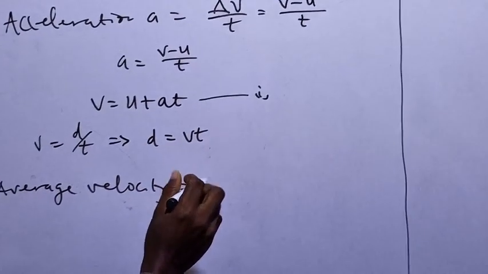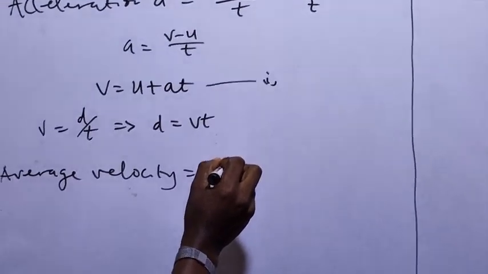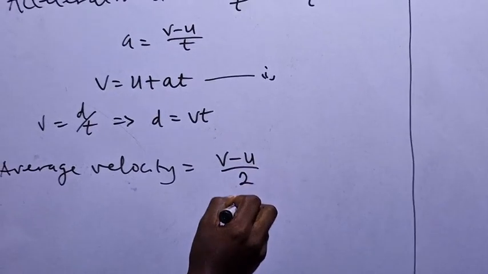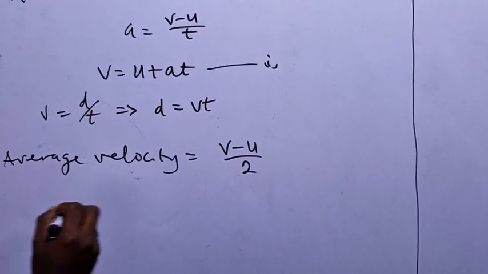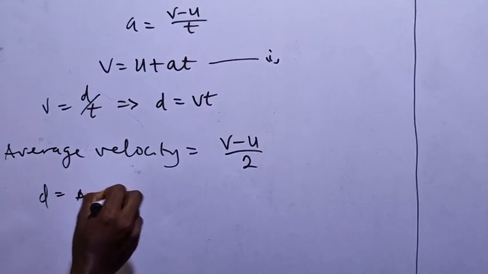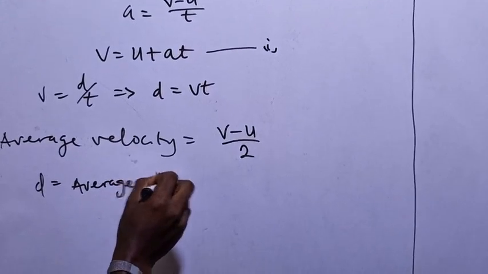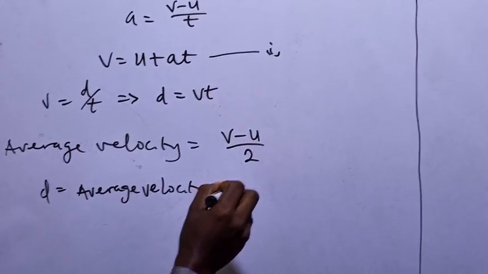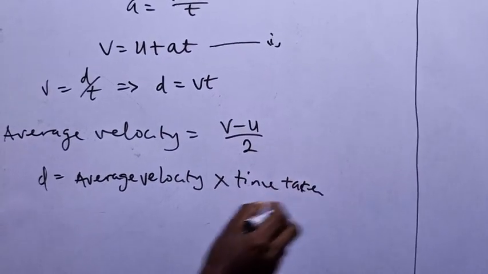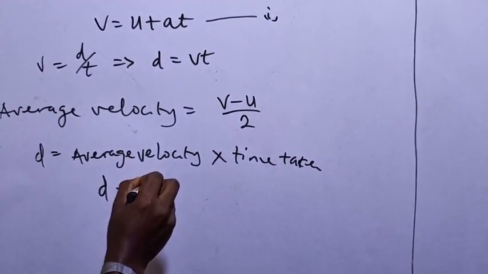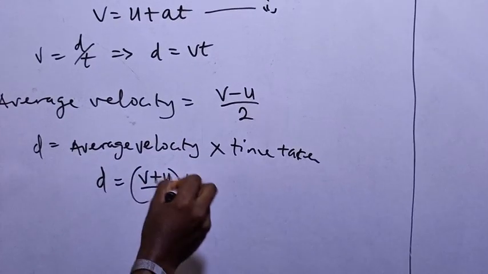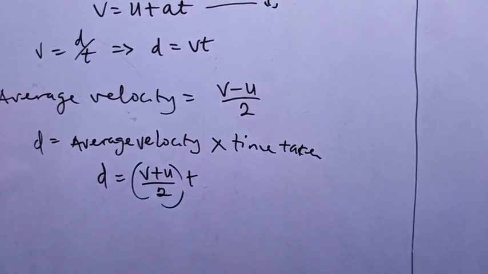Average velocity here is equal to final velocity plus initial velocity divided by 2. And distance here is equal to average velocity multiplied by time taken, which can be v plus u over 2 multiplied by t.